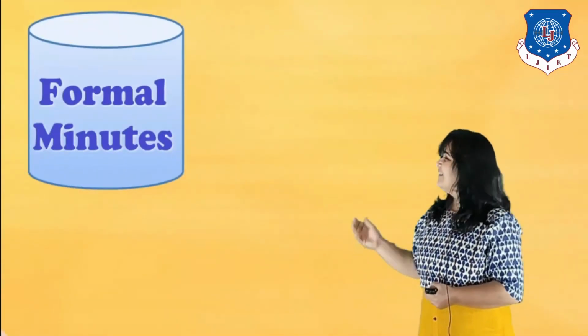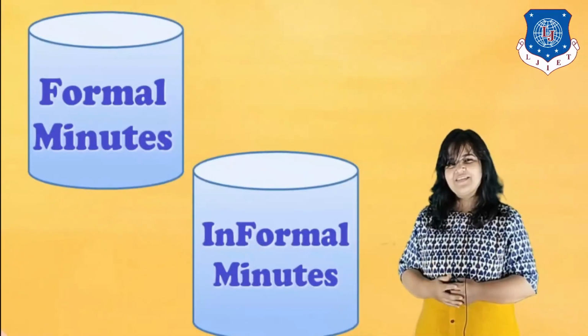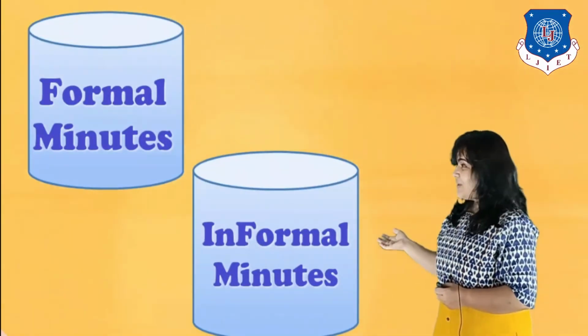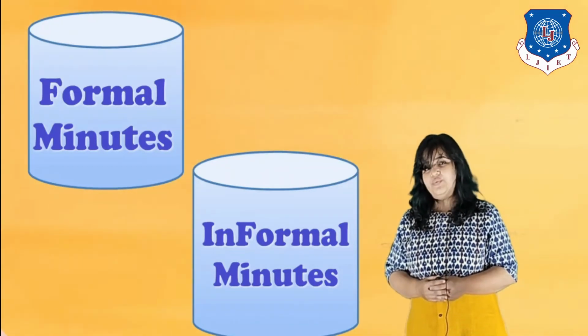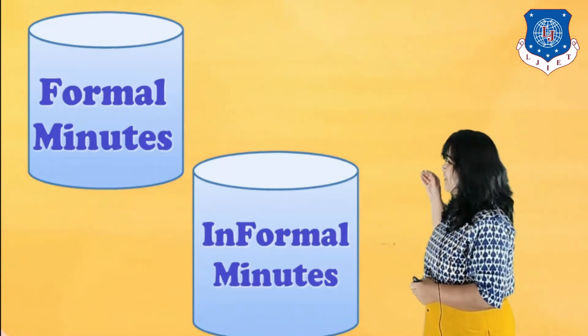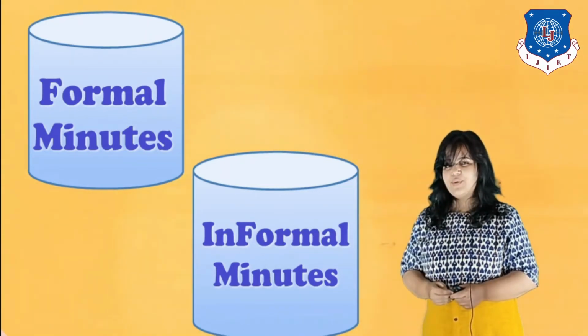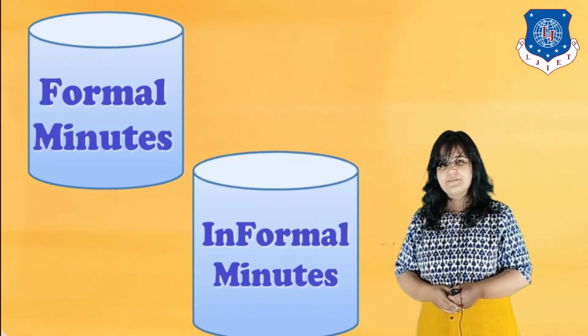Moving onwards, let us try to understand the other type of minutes of meeting, which is informal minutes of meeting. As the name suggests, it is informal and less strict. Here you do not need to follow a specific format. You do not need to write each and everything word by word. You can write just like you are scribbling in any notepad, that's it.